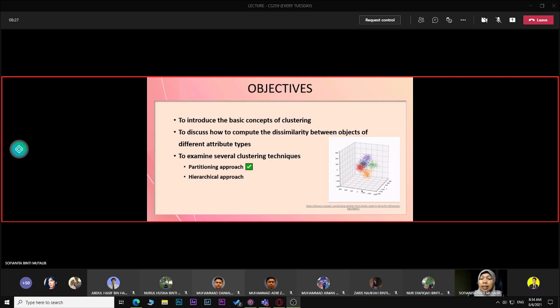If it is similar, then we can put it into the same cluster. That is the concept of clustering itself.